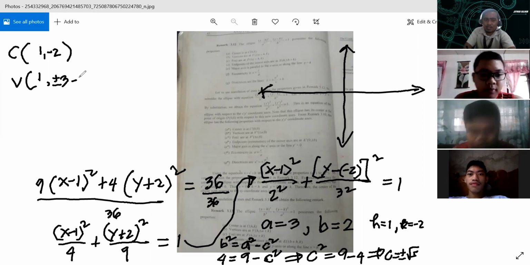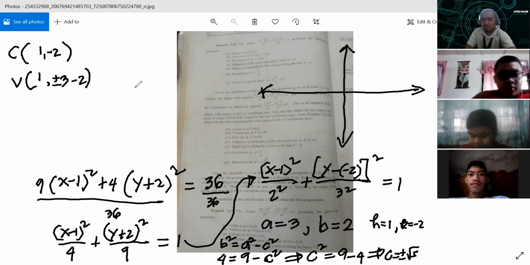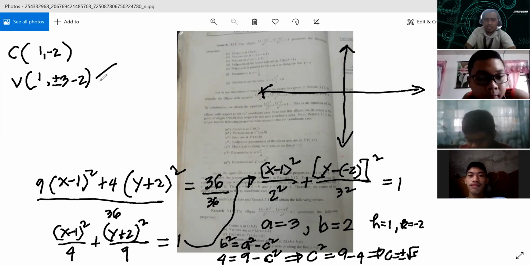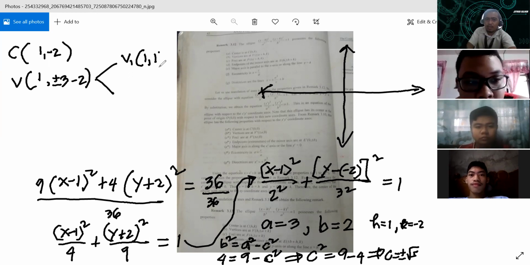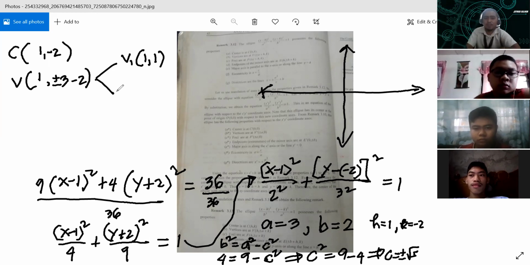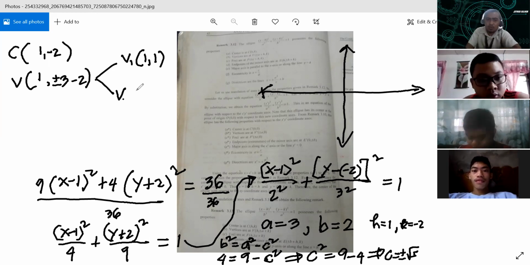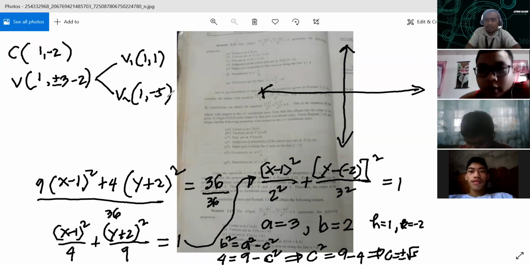So it will be minus 2 here. Clear? So what are the two vertices? Vertex 1 should be 1, comma, for the positive side, 3 minus 2, it is 1. Agree? While for vertex 2, you will use the negative of the 3. So it should be 1, negative 5. Got it?